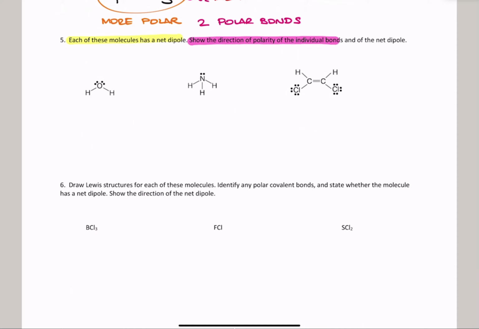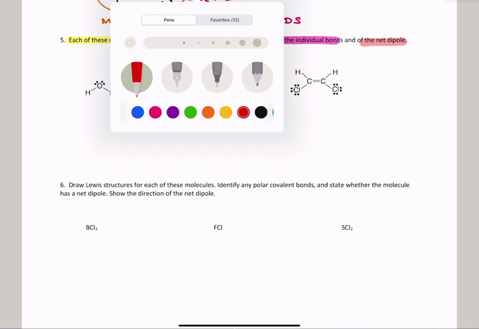If the sum of all the bond vectors is 0, then the molecule is non-polar. If the vector sum is not 0, then we have a resultant called the dipole moment, the net dipole, and the molecule is overall polar. So again, the net dipole is the vector sum of all the bond vectors.